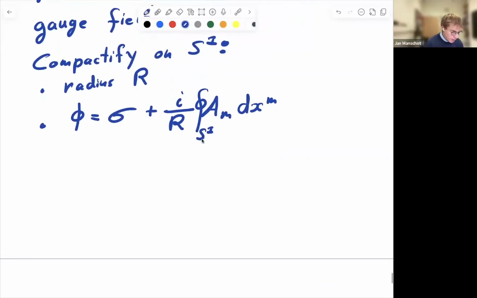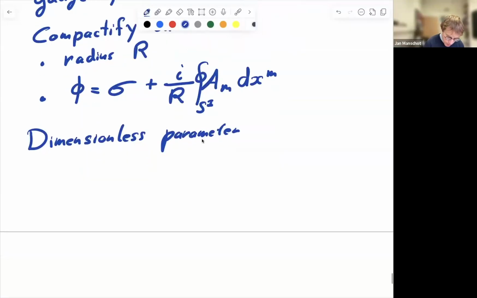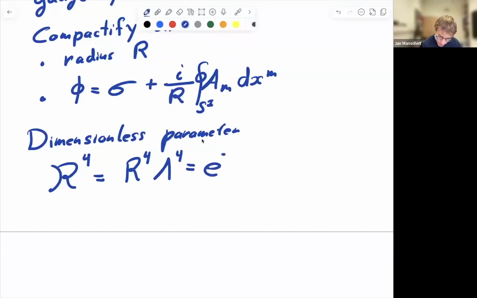And then we introduce the dimensionless parameter, that's our curly R. It's this radius r to the 4 times lambda to the 4, and this is equal to e to the minus 8 pi squared r over g_5D squared plus i times the holonomy of the gauge potential for the background vector multiplet.